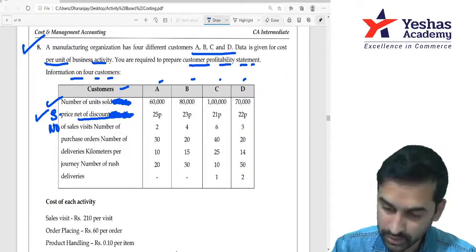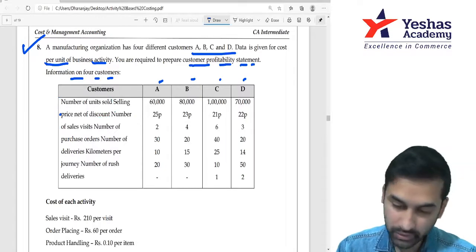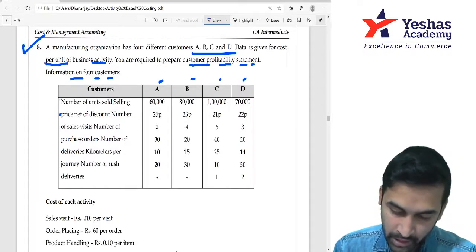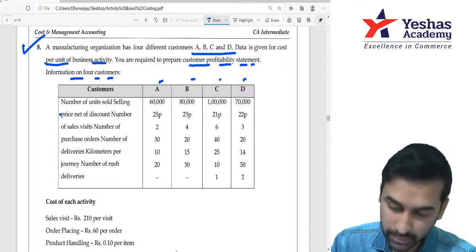Okay, I think I will just have to correct this. Just give me 1 minute. So this is number of units, and we will write it here. All of you, I'm writing here.